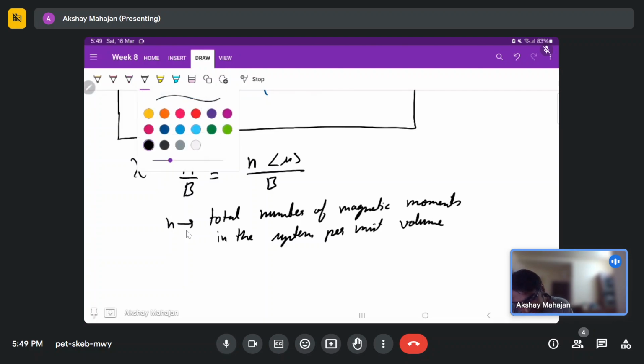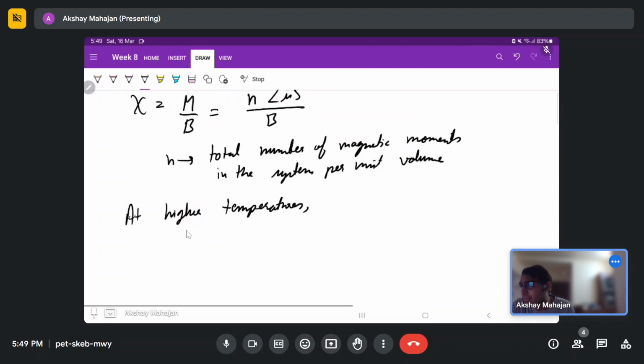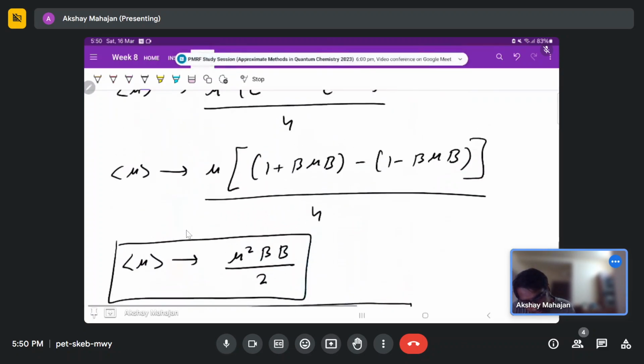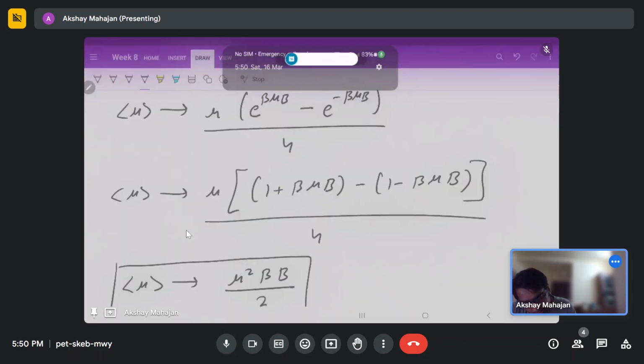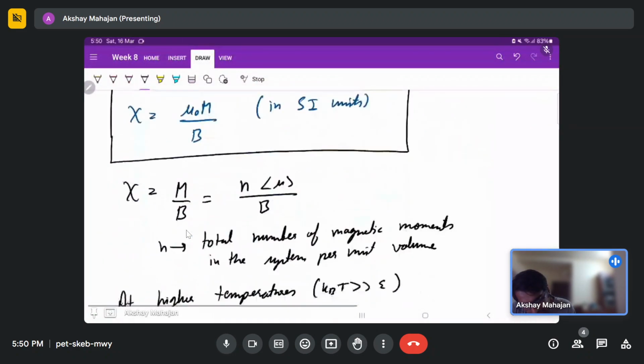Now at higher temperatures, which in our problem is kBT much greater than epsilon energy, our mu is tending towards nu square beta B by 2.